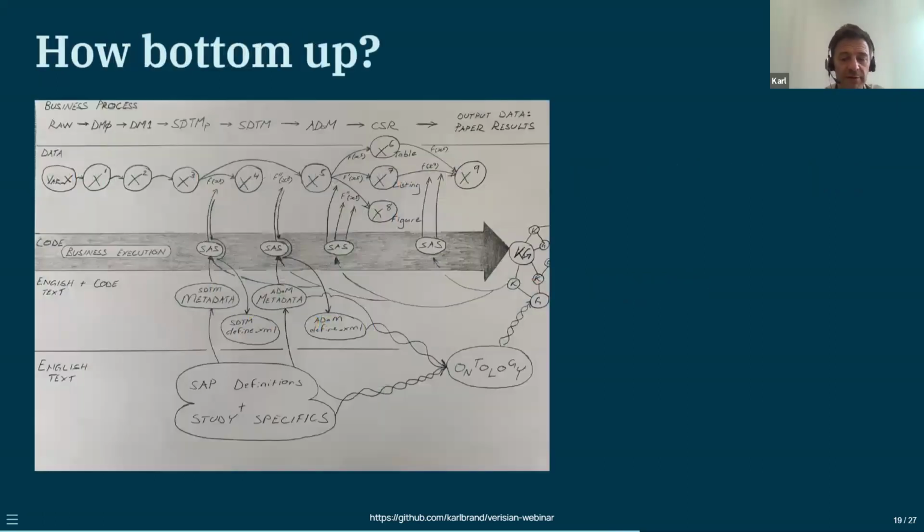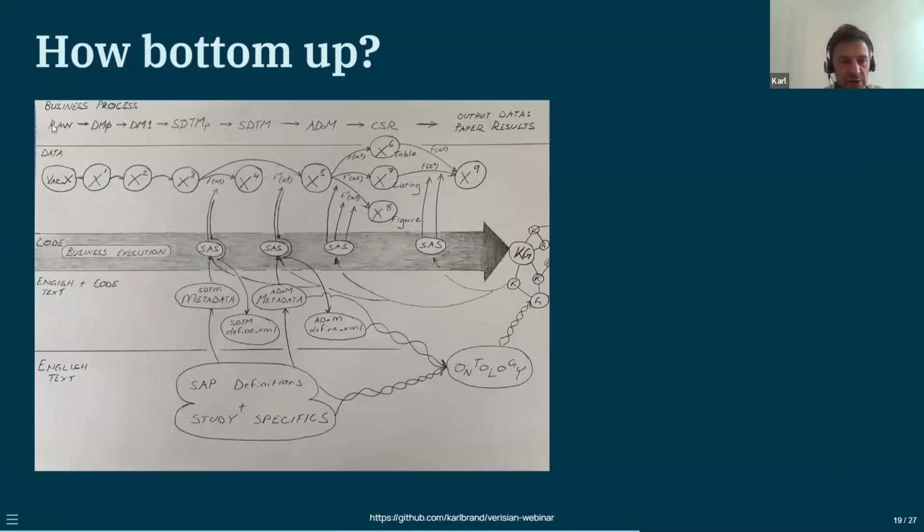So I have this sketch of how I understand the process of clinical stat programming to be related across the various levels of information. At the top here, we have what's called the business process.